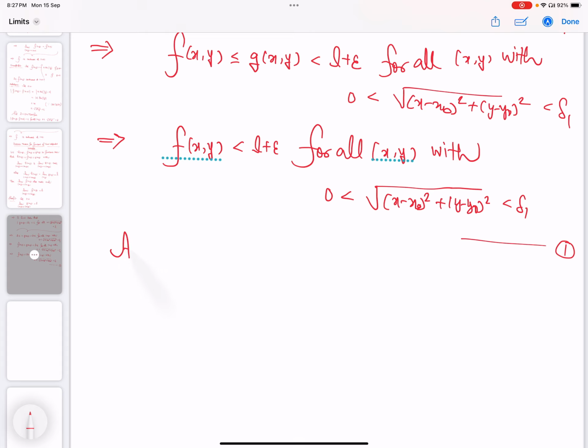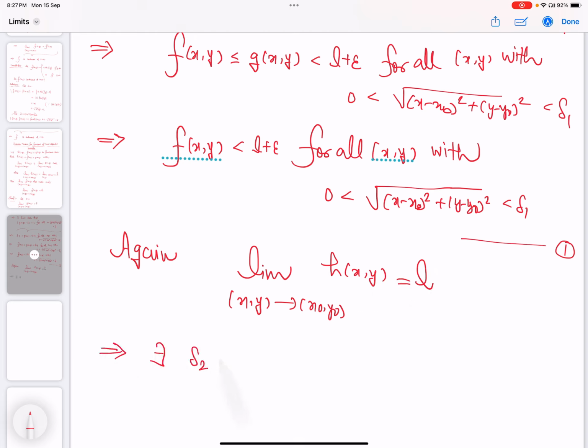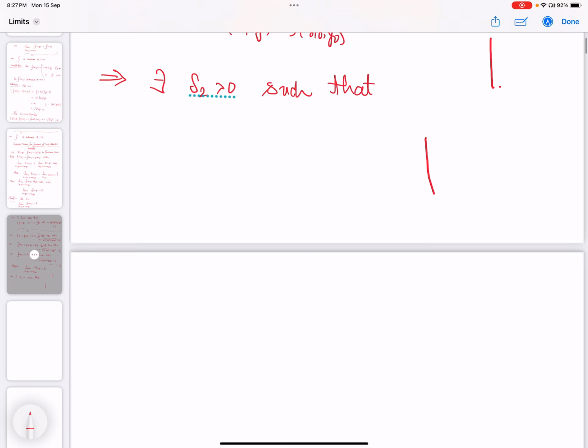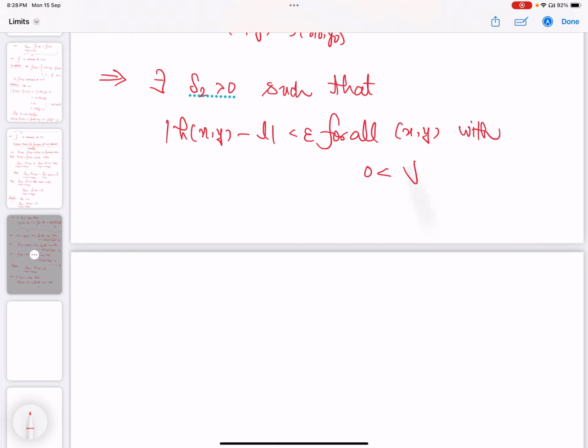Again, the limit as (x,y) tends to (x naught, y naught) of h(x,y) is equal to L, which implies there exists delta 2 greater than 0 such that |h(x,y) minus L| is less than epsilon for all (x,y) with the square root of (x minus x naught) squared plus (y minus y naught) squared less than delta 2.